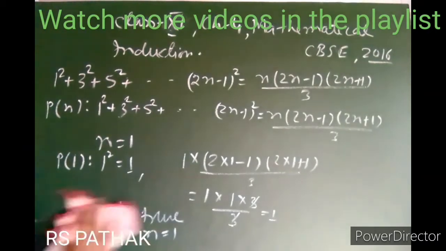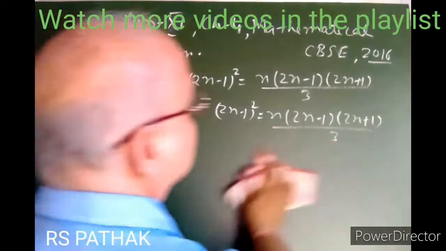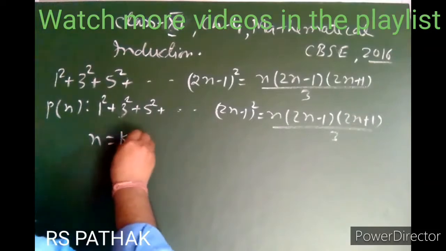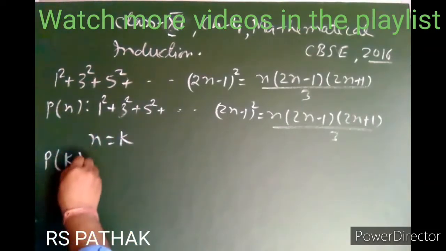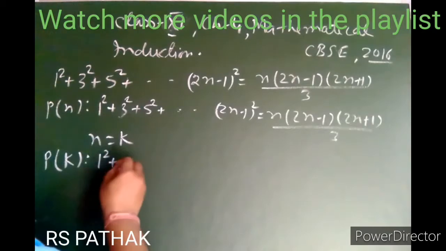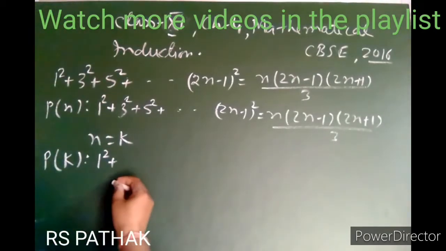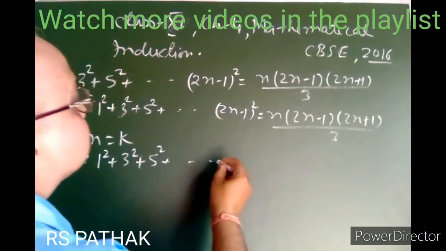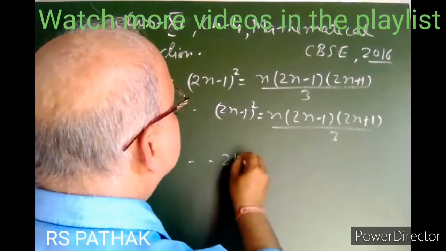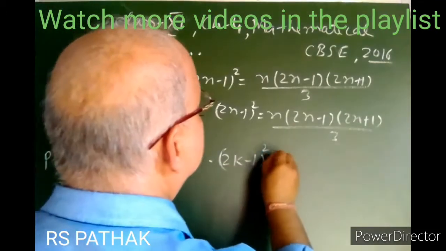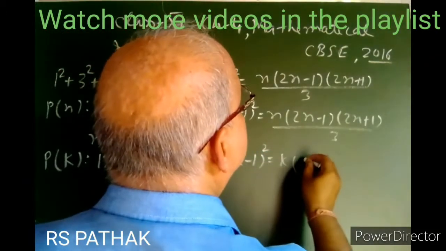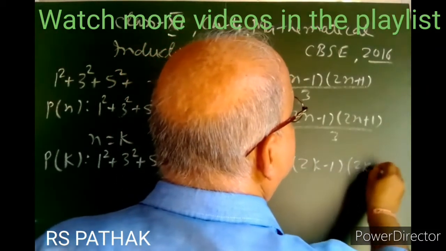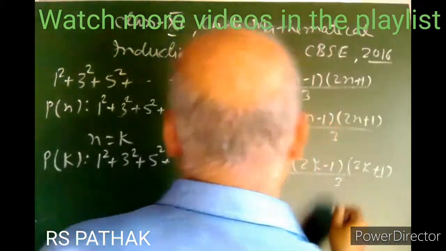Now we shall prove for n equal to k. Pk is such that 1 square plus 3 square plus 5 square dash dash dash plus (2k minus 1) whole square equals k(2k minus 1)(2k plus 1) upon 3.